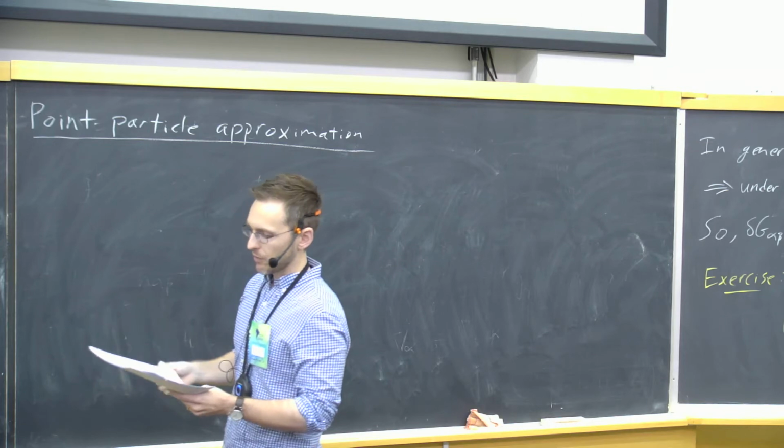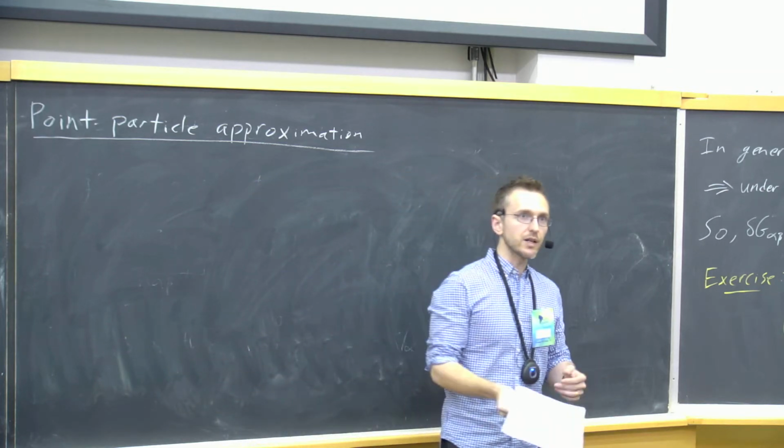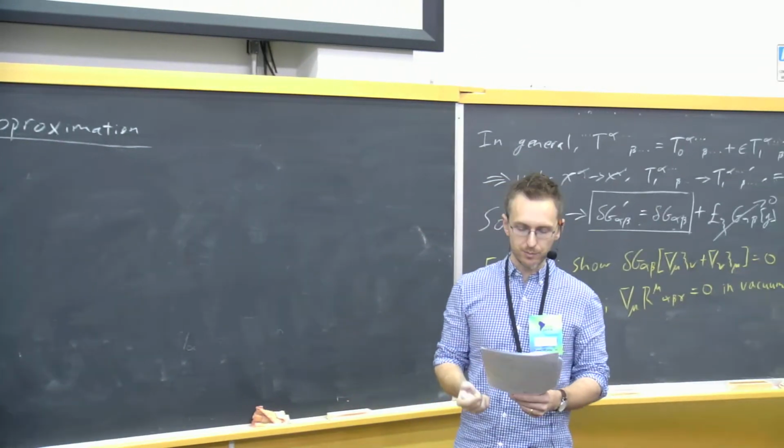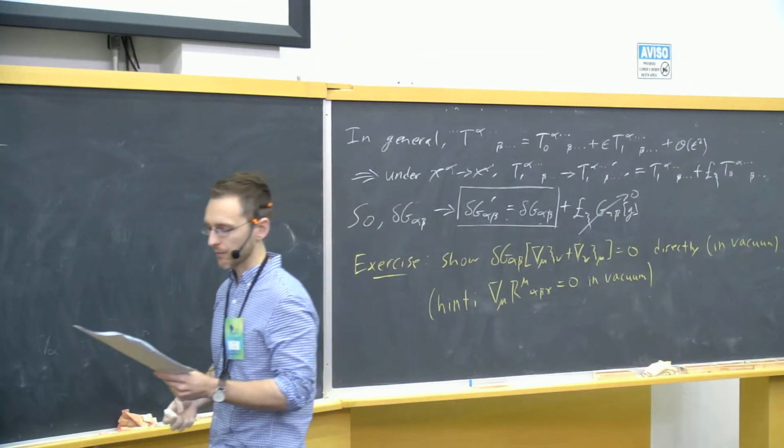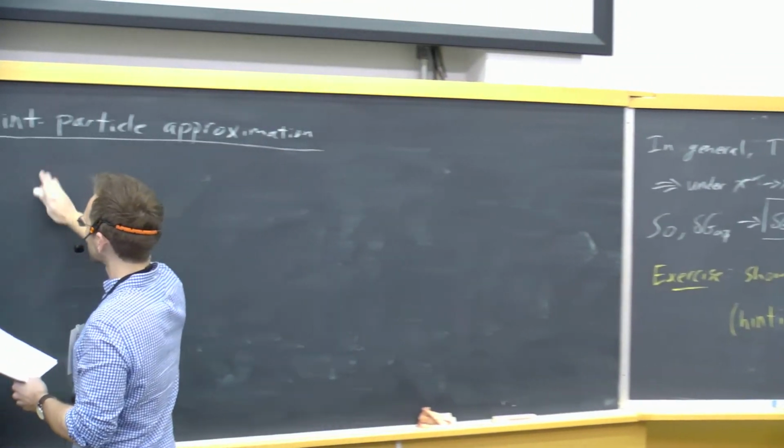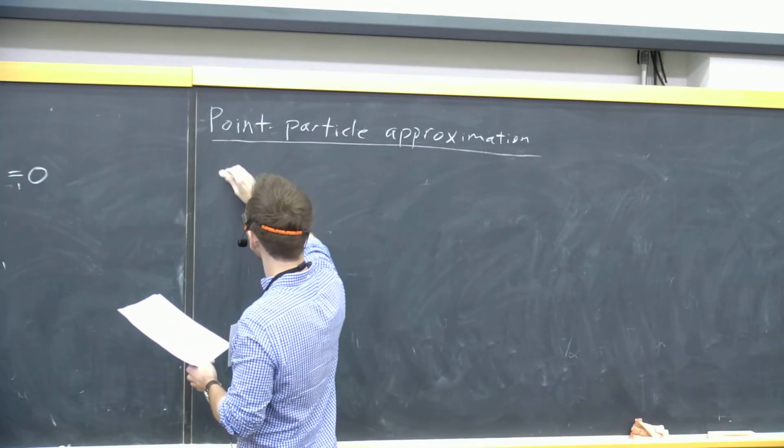So what we said is very generic. The only thing we specified is that the background metric is a vacuum metric. Now let's make an assumption.